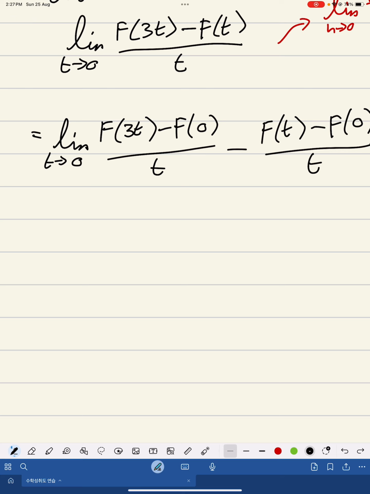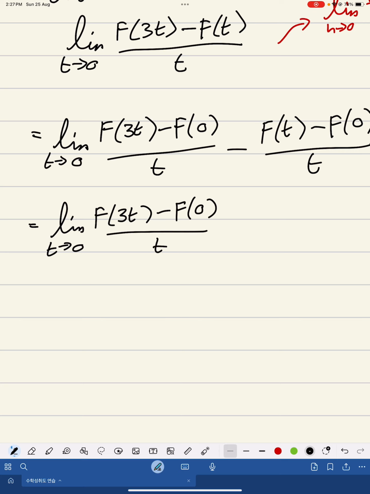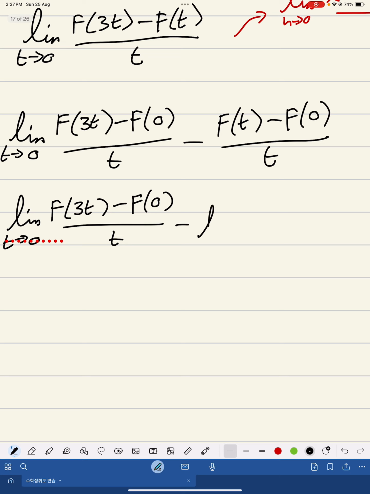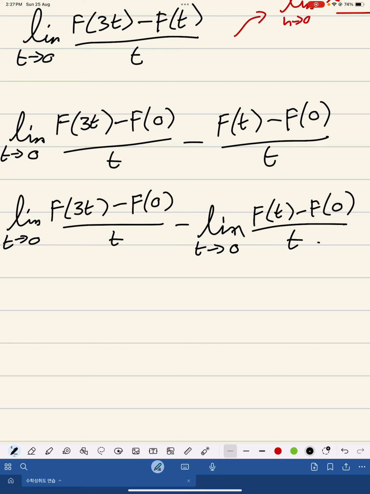Now I can distribute the limits with our limit rules. So the limit as t approaches 0 of capital F of 3t minus capital F of 0 divided by t, minus the limit as t approaches 0 of capital F of t minus capital F of 0 over t.